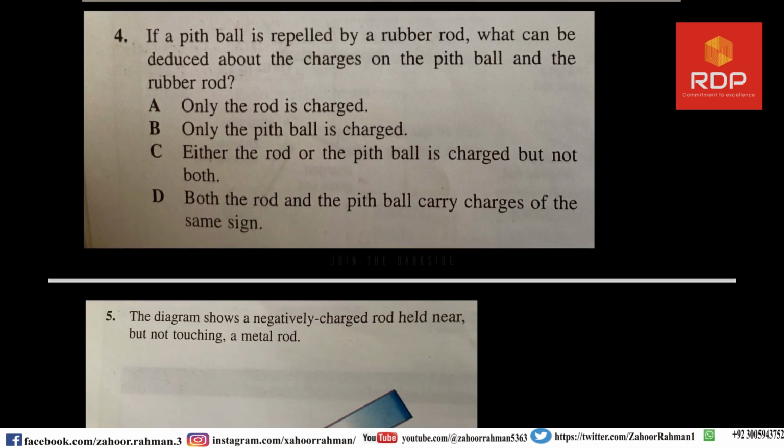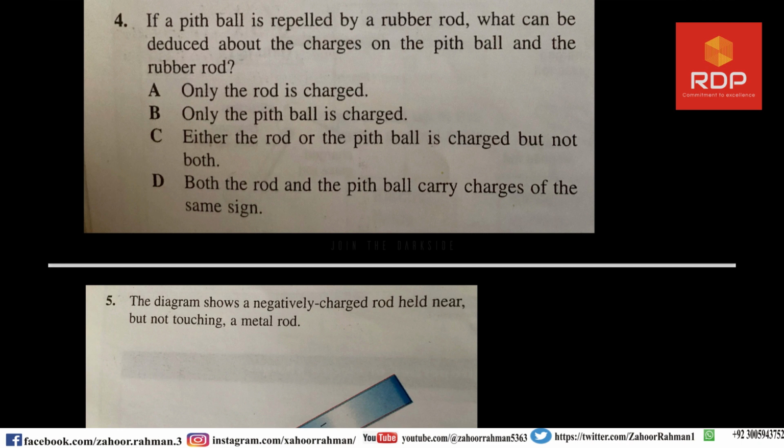Let us talk about the fourth question. If a pith ball is repelled by a rubber rod, there is a pith ball and you are bringing a rubber rod and they are repelling each other.